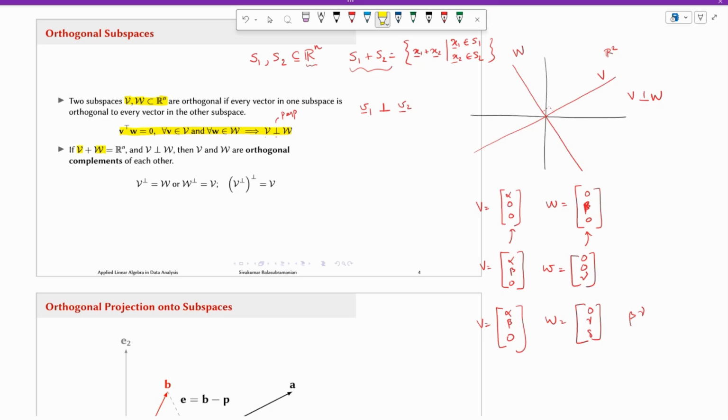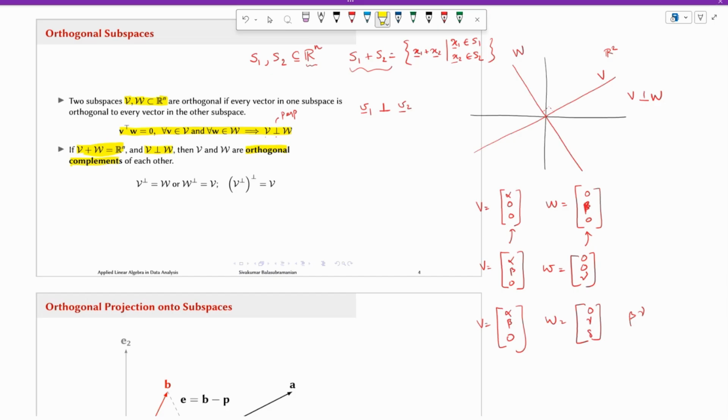So you can think of it as the two subspaces together spanning all of Rn. Earlier we talked about the span of a set of vectors. Now I'm informally, or very loosely, extending the term to subspaces as well. If you add two subspaces, you're getting all of Rn. So if the sum of the two subspaces gives me my original parent vector space, and if the two subspaces are orthogonal to each other, then you would say that the two subspaces of Rn are orthogonal complements.